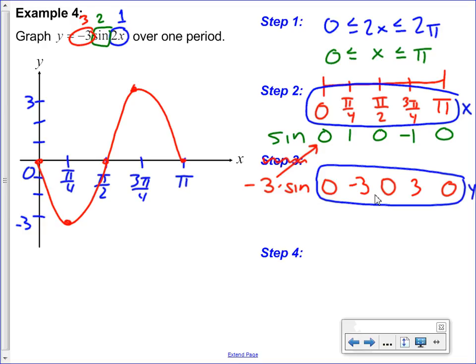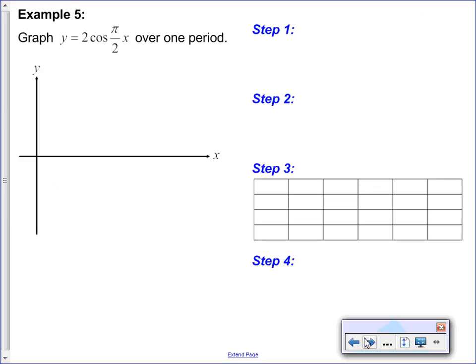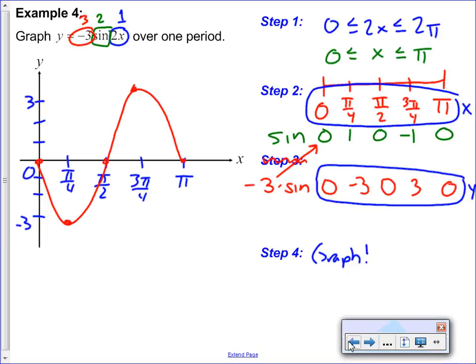Step 4 is graph. Step 4 is go home. That would be step 5, because that would be fifth though. So did I go too fast? I'm sorry, Maxwell. I'm sorry. There you go. Alright.